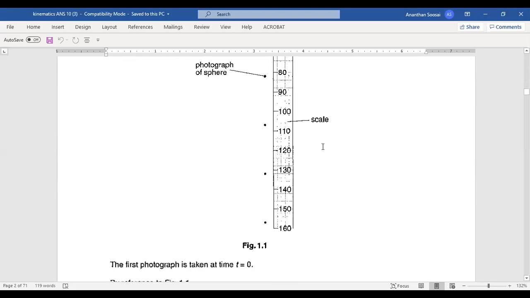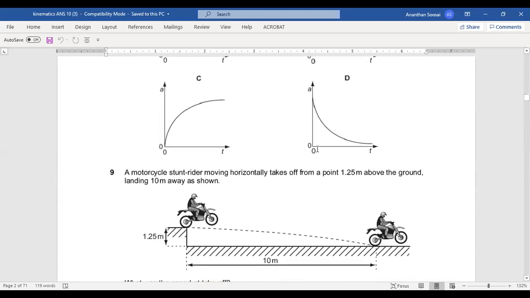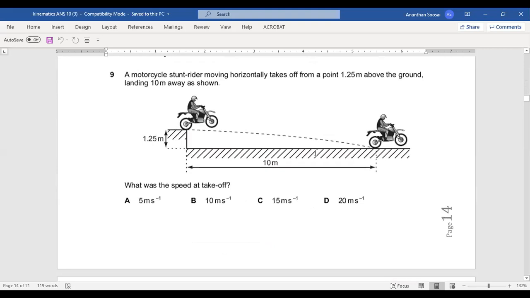The question I want to ask you is about this one bike. Come on, class, one minute for you. Give me the answer. Do the working. What was the speed at takeoff?